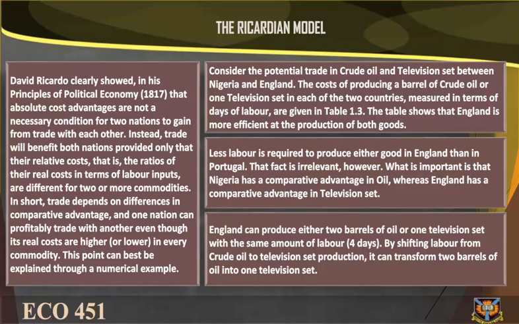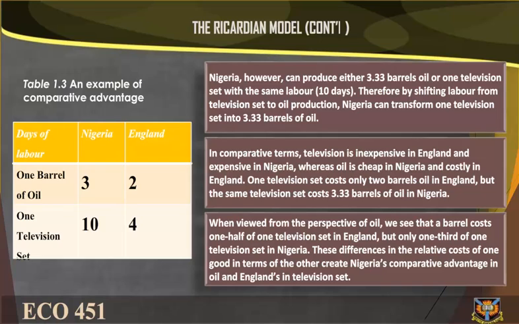By shifting labor from crude oil to television set production, it can transform 2 barrels of oil into 1 television set. Nigeria, however, can produce either 3.33 barrels of oil or 1 television set with the same labor, 10 days.